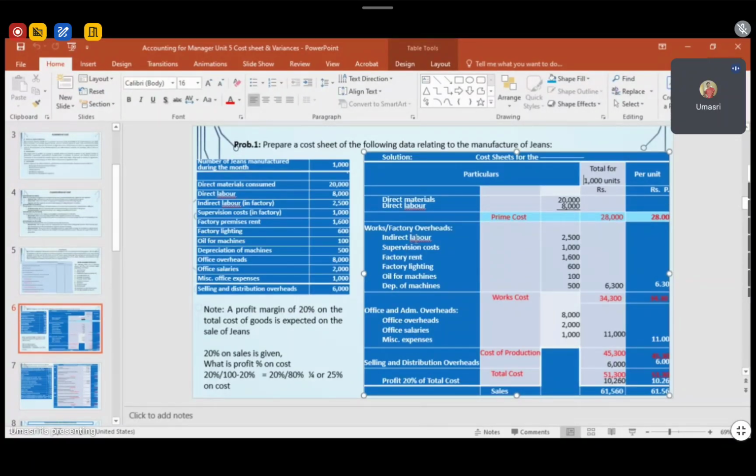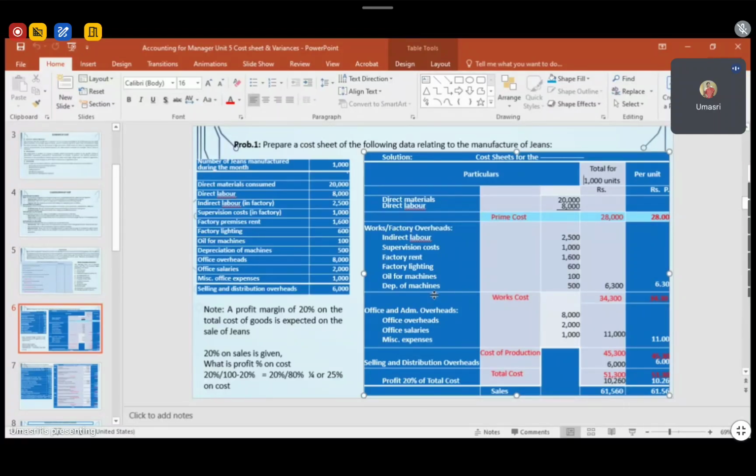Then factory or works overheads. Factory overheads, what are they? See here, indirect labor, supervision cost in factory. You take only in factory, right? Factory premises rent, then factory lighting, oil for machinery, that you have to take in factory. Depreciation on machinery, that you have to take here, right?